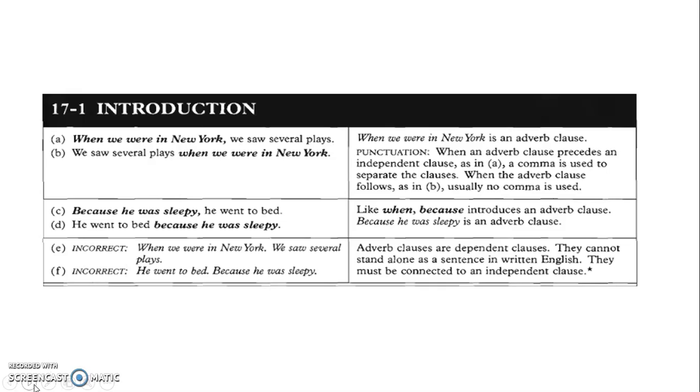The next example: Because he was sleepy, comma, he went to bed. Or you can say: he went to bed because he was sleepy. Because introduces an adverb clause. Because he was sleepy is an adverb clause.